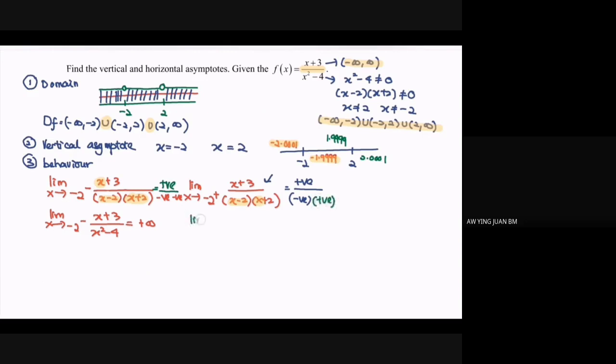So the limit when x approaches -2 from the right for the function x plus 3 over x squared minus 4 will be negative infinity, meaning that the function f decreases without limit when x approaches -2 from the right. So that would be the vertical asymptote x equals -2.